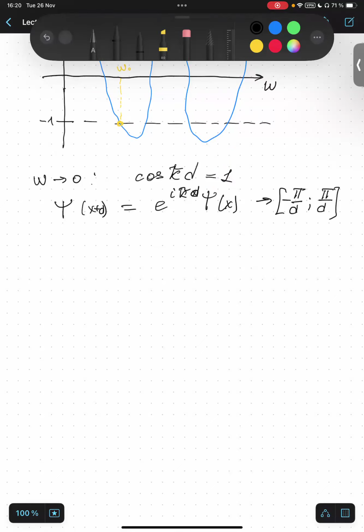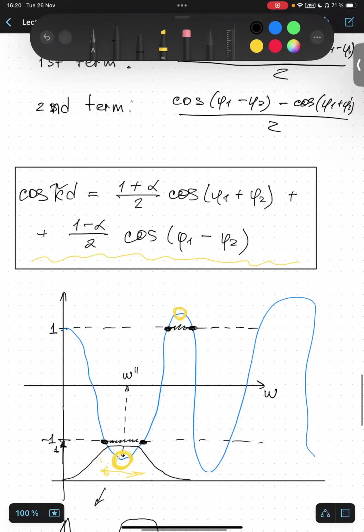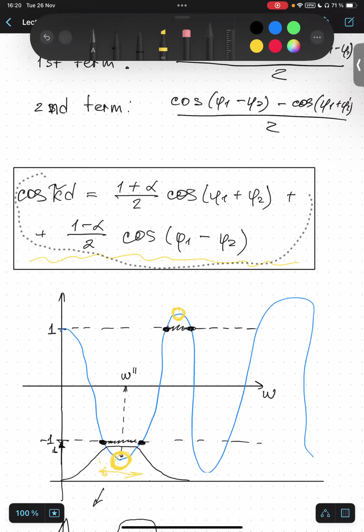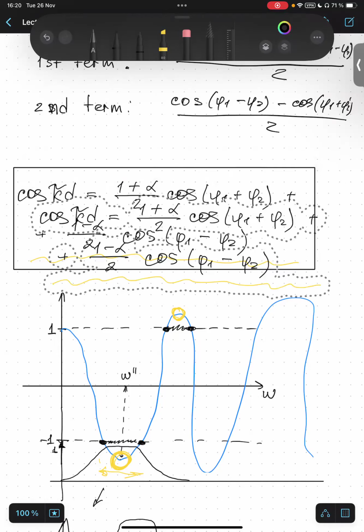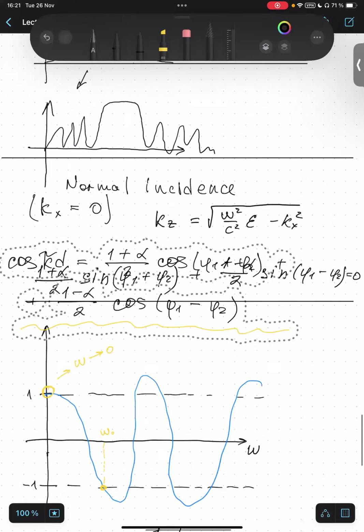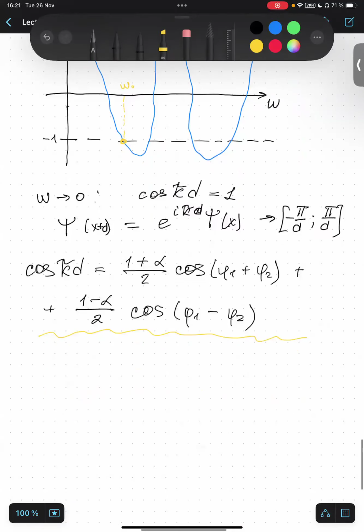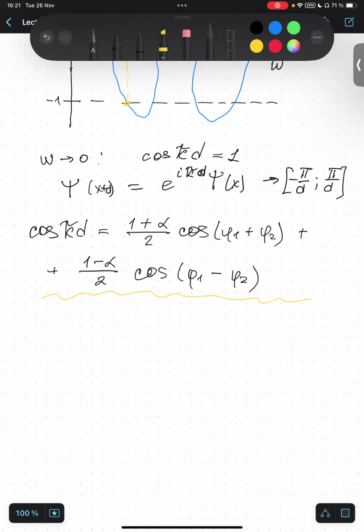Now let's expand the right-hand side and left-hand side of our dispersion relation in the vicinity of k tilde goes to 0. So let's do it.